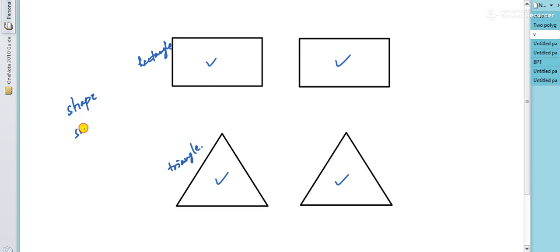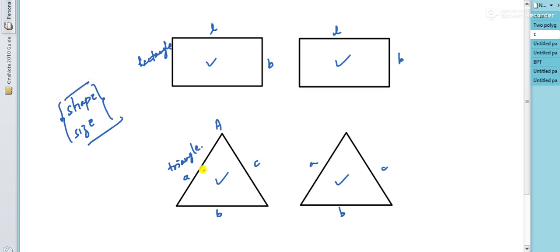And size refers to their length and breadth. Again here length and breadth are equal. And here it will be A, B and C, the three sides. So if the shape and size are equal, then we can say the figure is congruent.